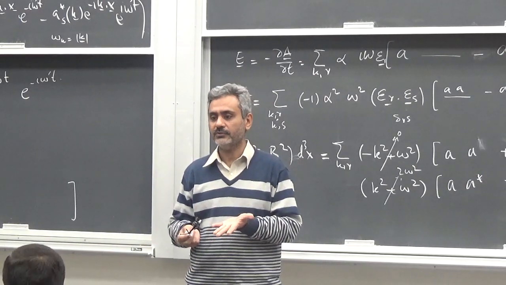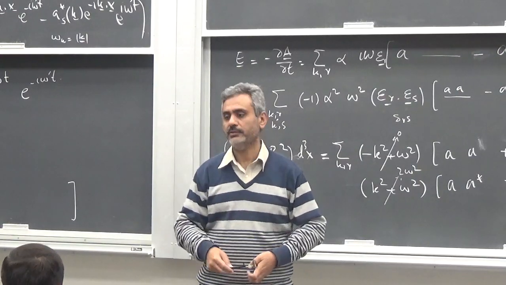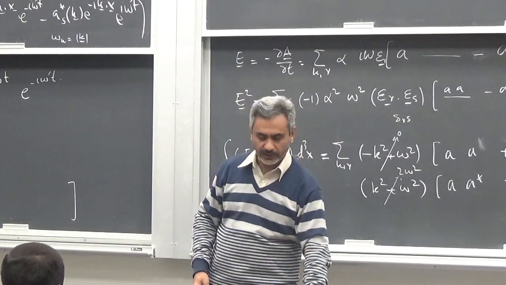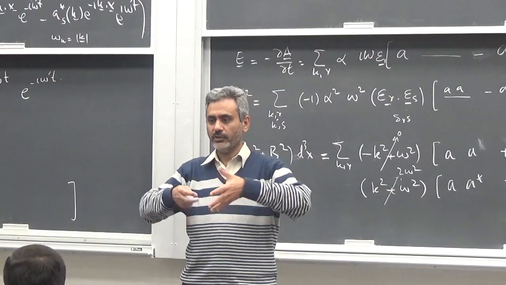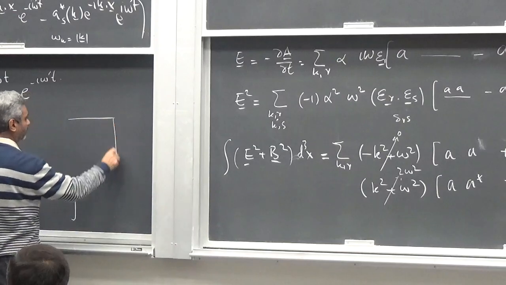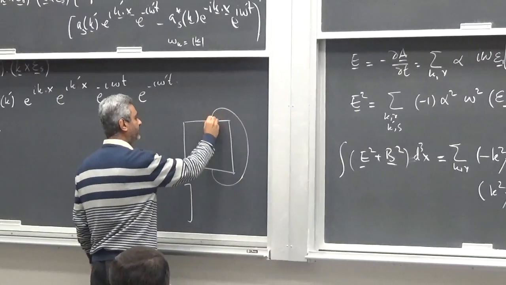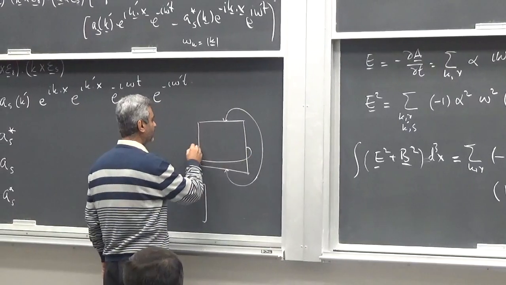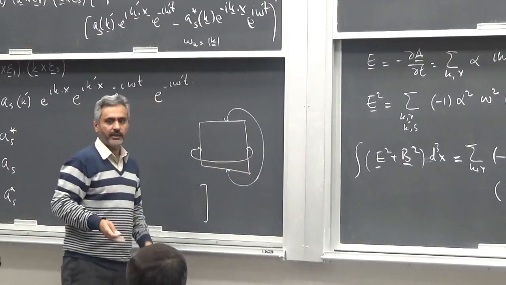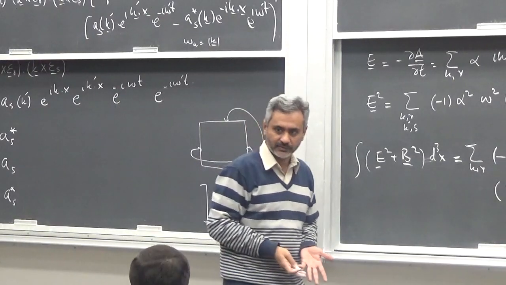So you can think of it as a torus. All that you have done is, instead of talking about the infinite universe, if I were to draw this, your universe is a torus. So you identify this with this, and this with this. And that gives you periodic boundary conditions without having to add that the field has to go to zero.